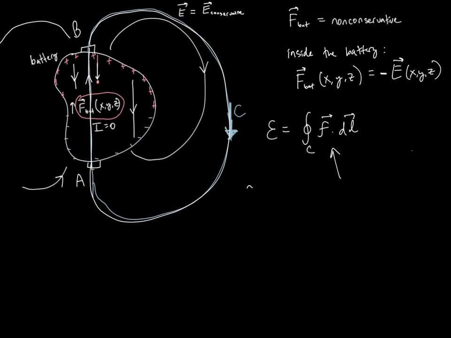So with that said, we can write the equation for EMF as a line integral of f dot dl from A to B, and this is inside the battery, plus a line integral of f dot dl from B to A outside the battery.